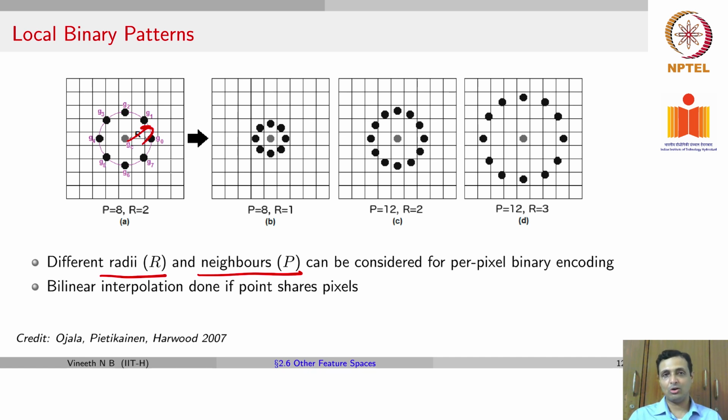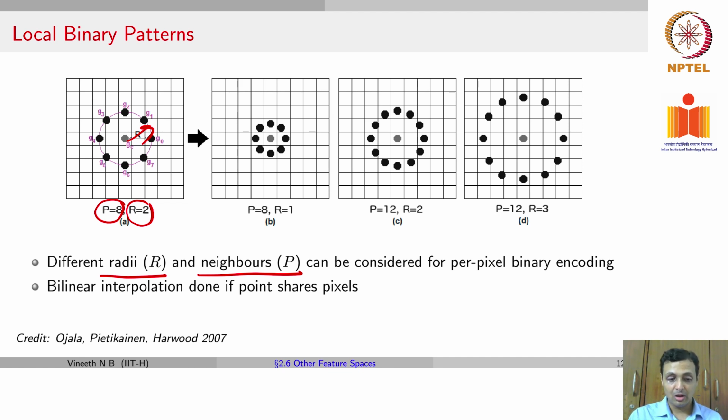That need not be the immediate neighbor. It can be a radius of 4-5 pixels around the central pixel. And you can also define how many neighbors you want at that radius. So you could define P is equal to 8, the number of neighbors is 8, and R is equal to 2. As you can see, that's the example that you see on this particular image.